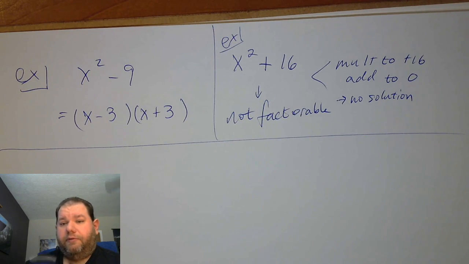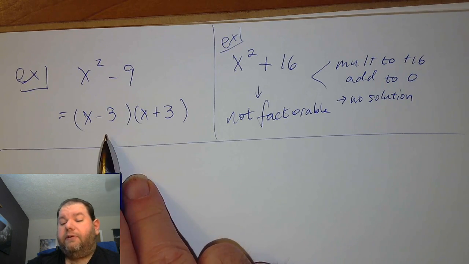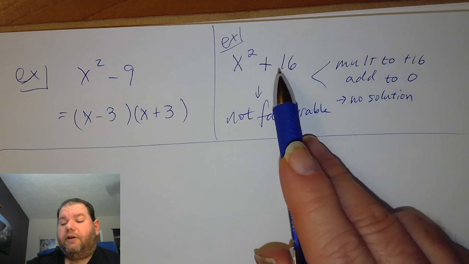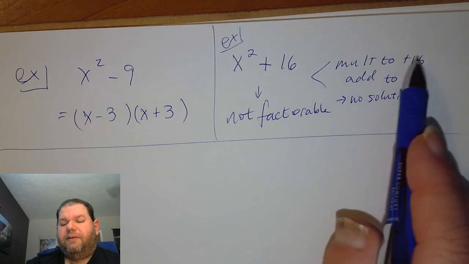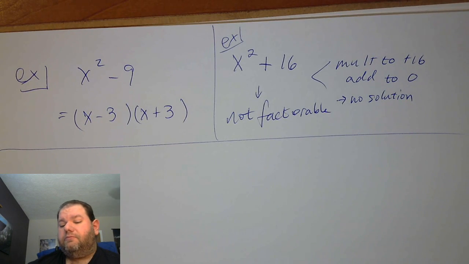If the terms are subtracted, we can factor it, because we can get the opposite signs, and that actually works out for us. We can't do that with a positive number here, because if the signs are opposite so that they add to 0, the problem is that they don't multiply to give us the positive number. So these are not factorable.